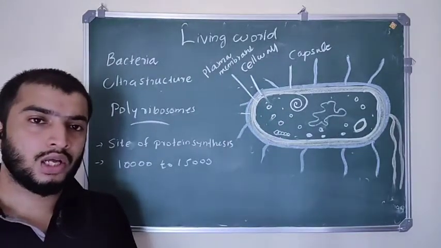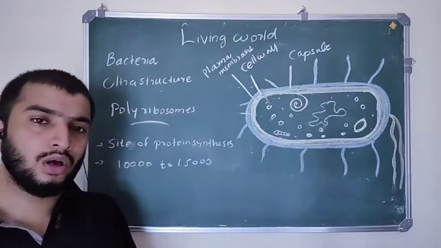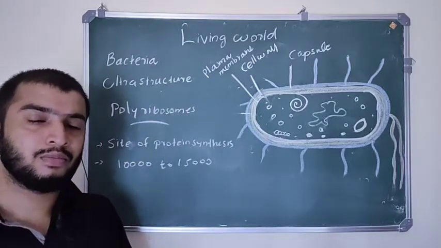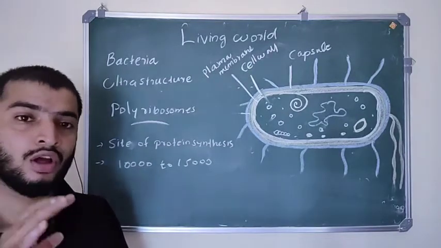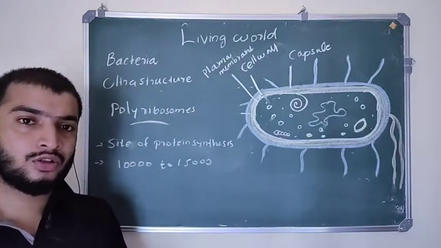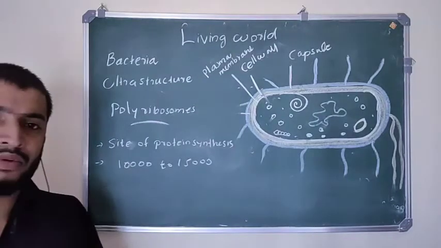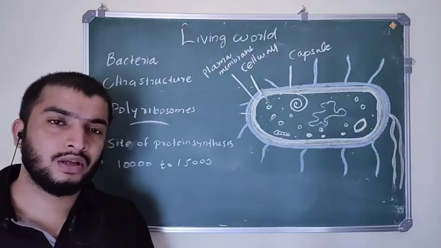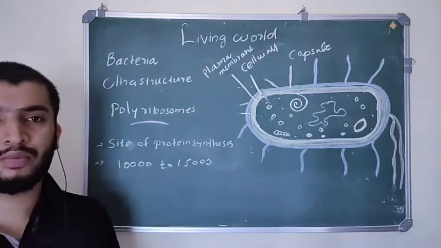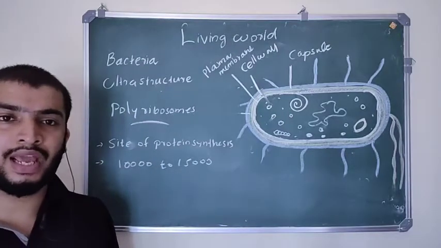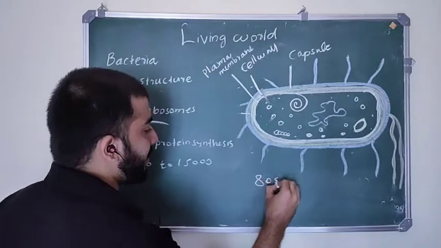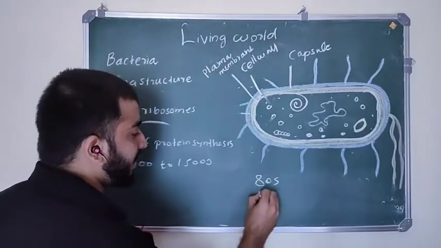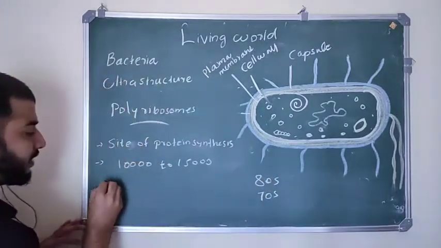Polyribosomes. Ribosomes, you already know, help in protein synthesis. They are the site of protein synthesis. So what type of ribosome is present in bacteria? Basically there are two types of ribosome, 70S ribosome and 80S ribosome. 80S ribosome is present in animal cells and plant cells, and 70S ribosome is present in bacteria.